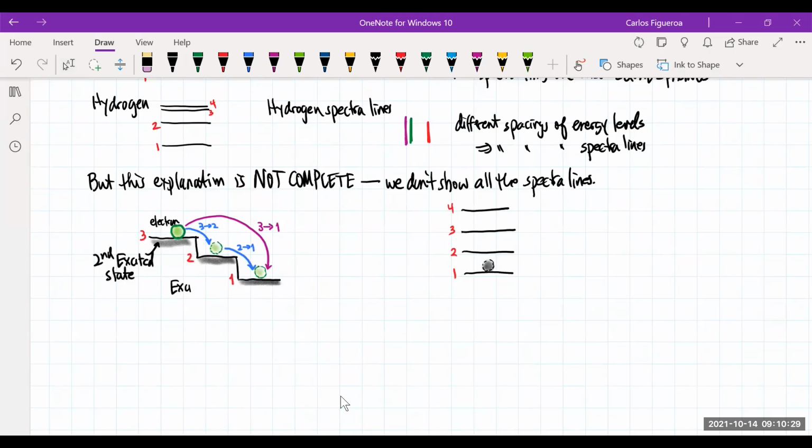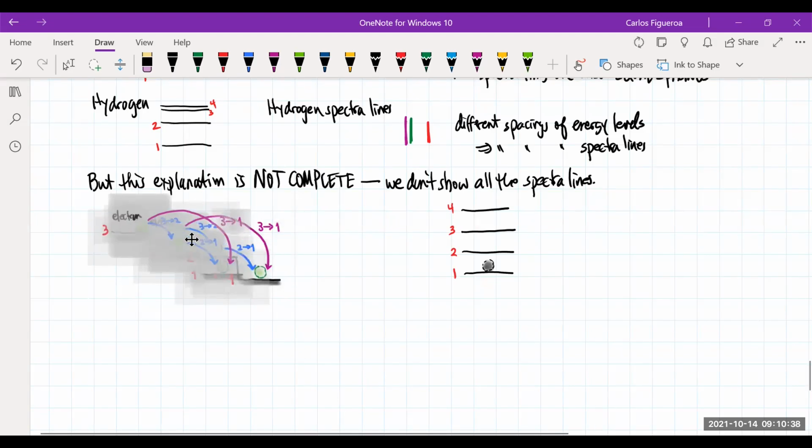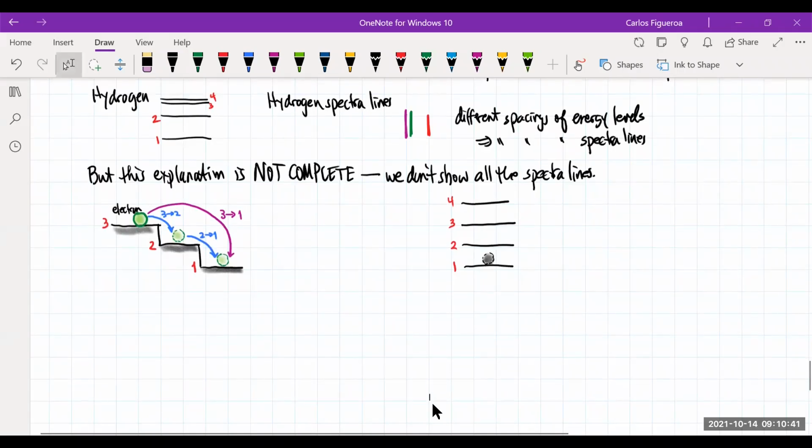What you're seeing here is that when electrons jump, they can take different paths, right? We're saying that electron paths can make multiple paths. So what do I mean by this now?